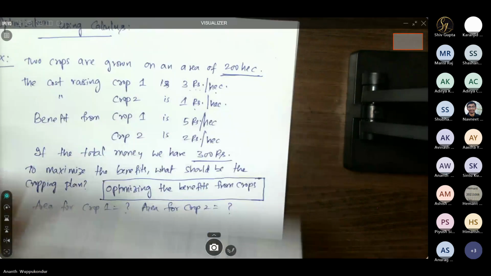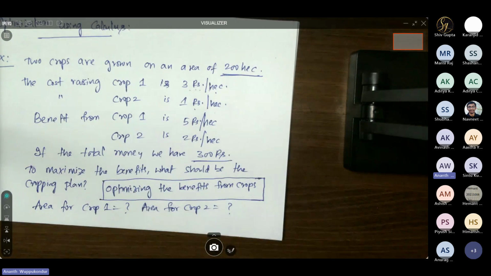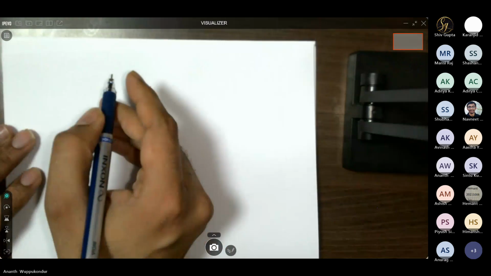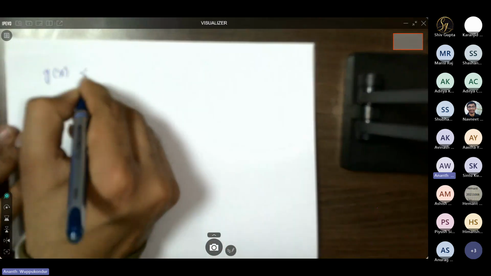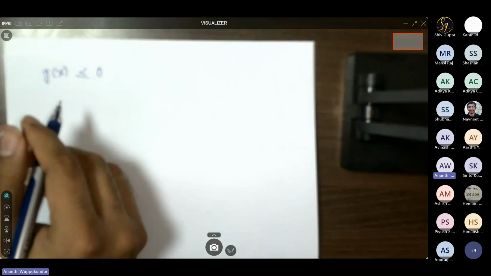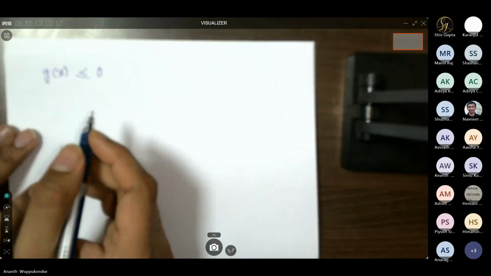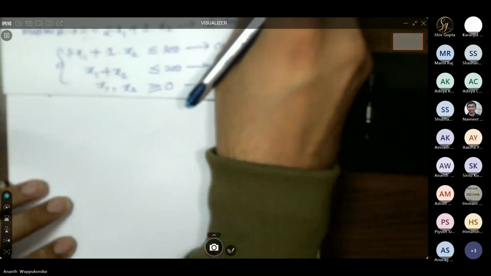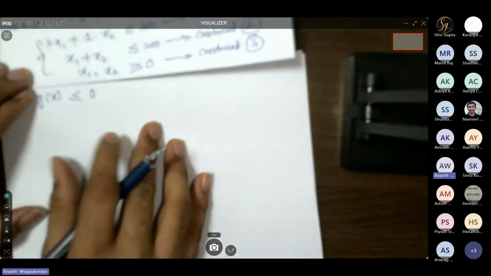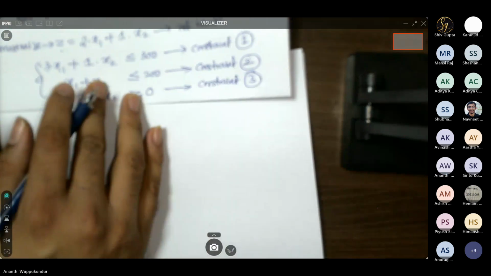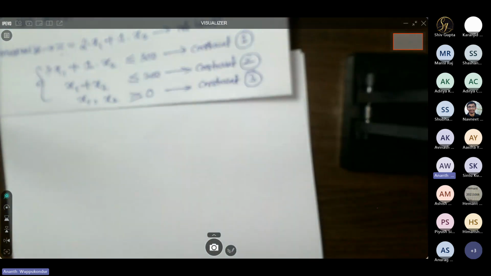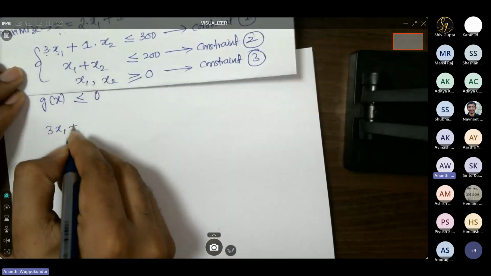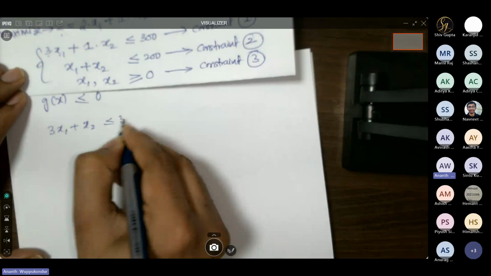Now, if we do not have that equality in the constraints, so now we are talking about g of x that could be less than or equal to 0, for example. Or what we have in our example here is 3x1 plus x2 less than or equal to 300.